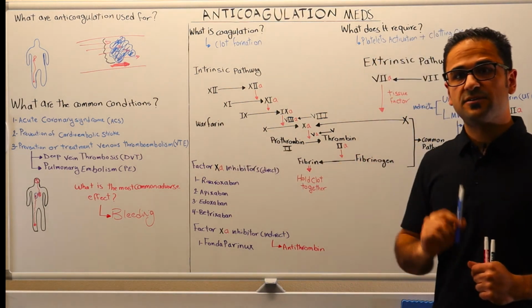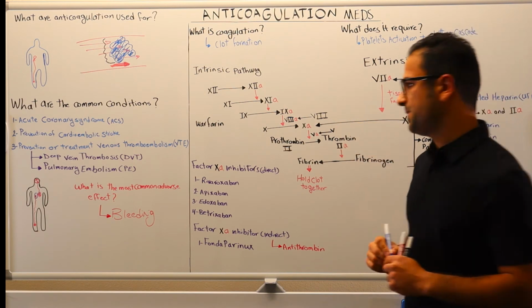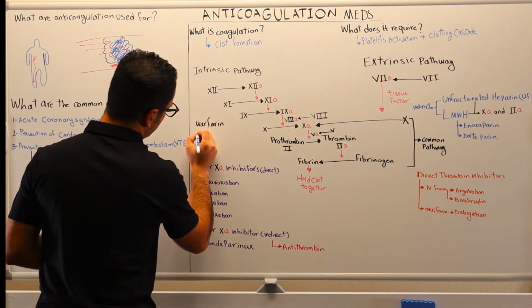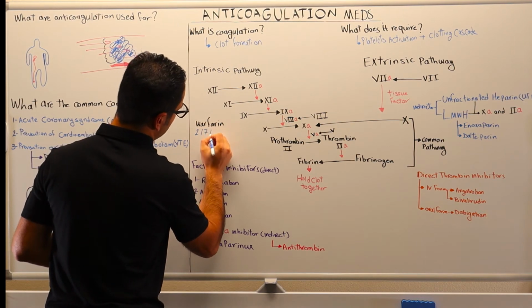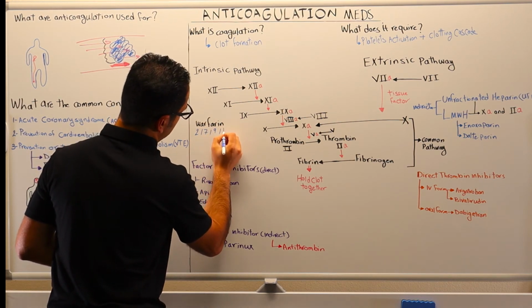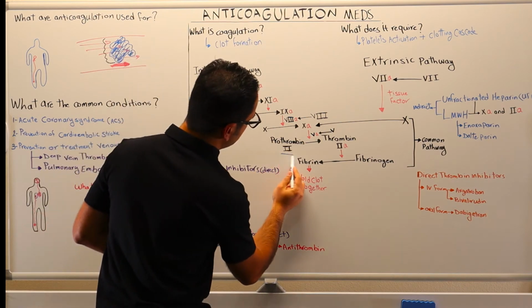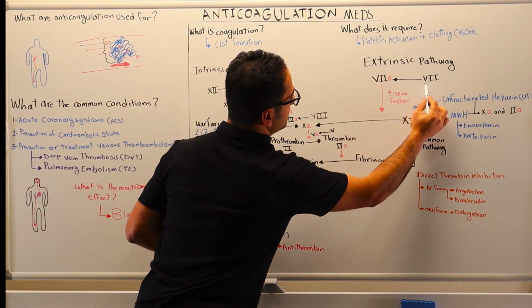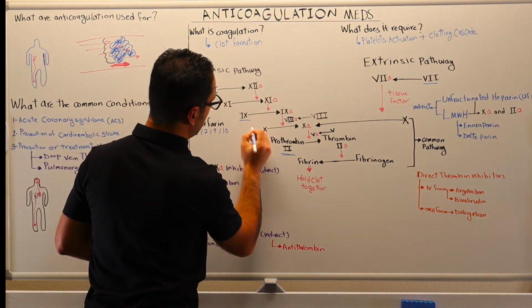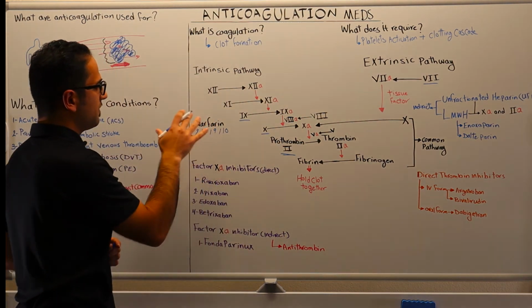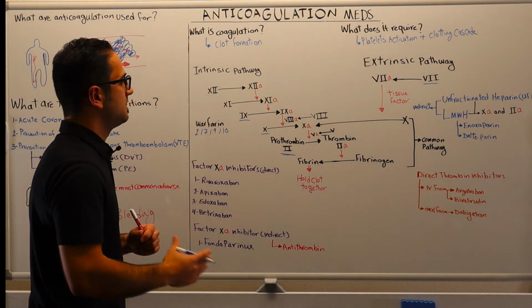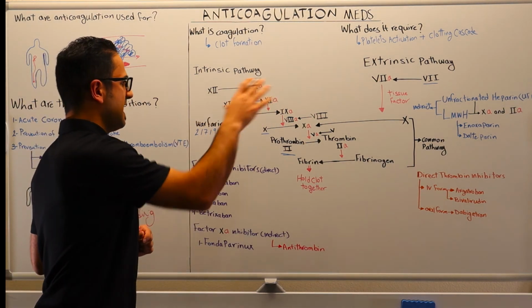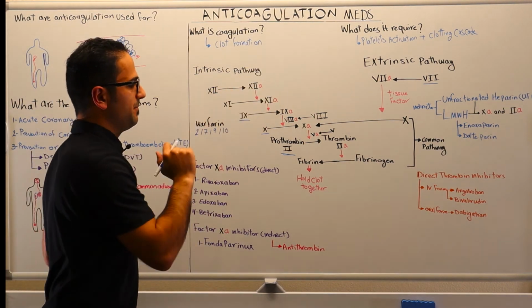There are 4 factors that warfarin works at: factor 2, factor 7, factor 9, and factor 10. This is why warfarin is not specific when it comes to inhibition of these factors. It can act on all of them.